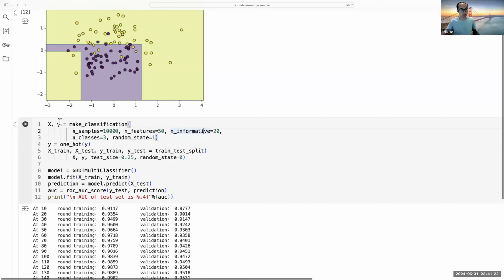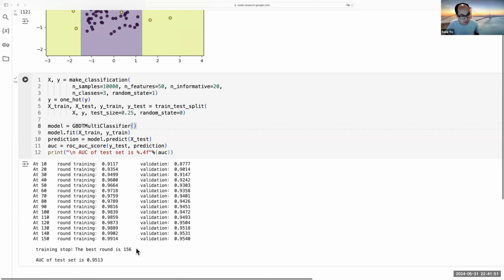We can also make a similar test with a dataset of 10,000 samples and 50 features, and the number of classes is 3. Then we apply everything on one-hot encodings, do the splitting, and apply multi-class gradient boosting for the classification problem.